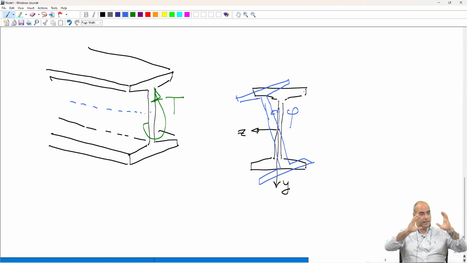If you pick up something and try to apply torsion, the end faces rotate relative to each other. But we know from solid mechanics that when we apply torsion to a prism, for example, something else happens. Yeah, the cross-section warps. What does warping mean? It means that it tends to bulge out of its own plane. Okay, it warps, it warps.